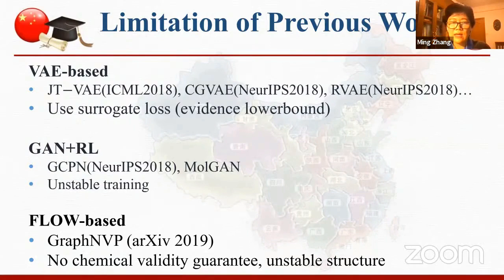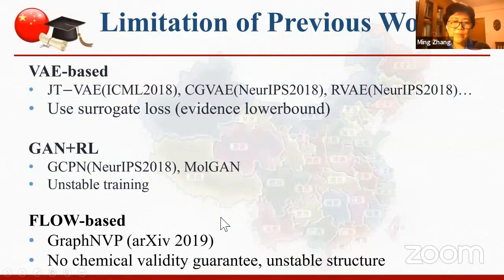Because of the time limitation, I won't introduce them one by one, but we can know that some of them, for example, VAE-based models, are with low bound evidence, and some GAN plus reinforcement learning models are unstable. The training parts are unstable.